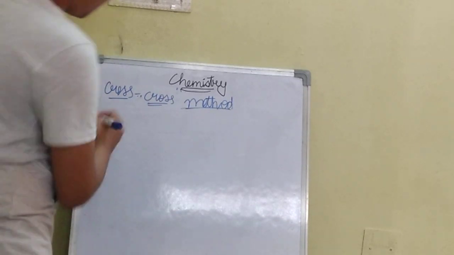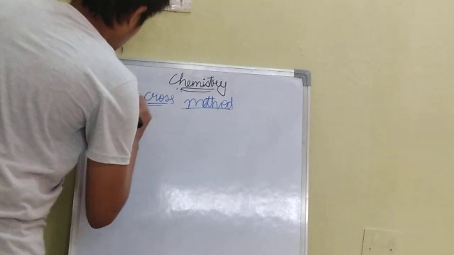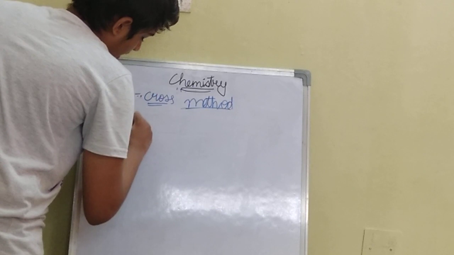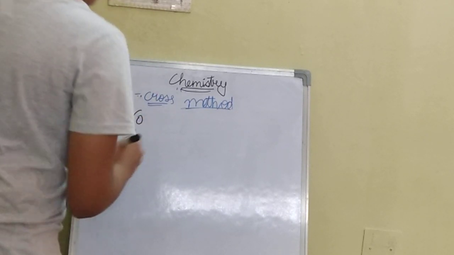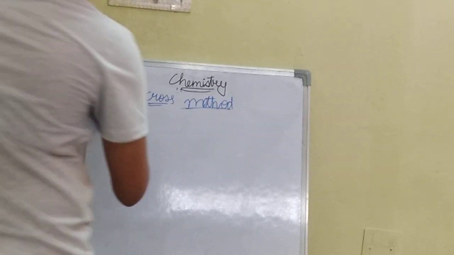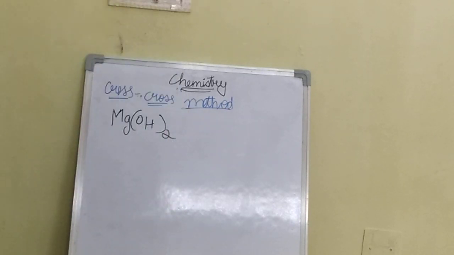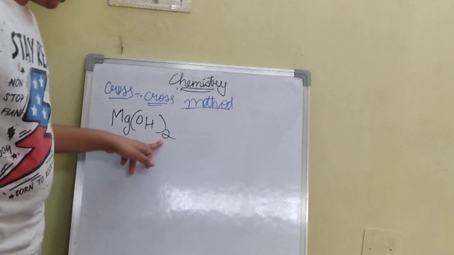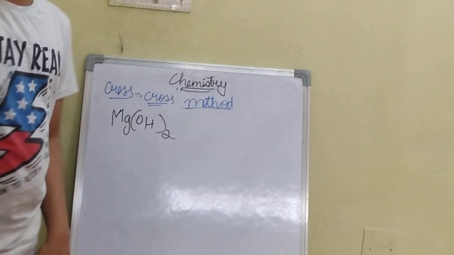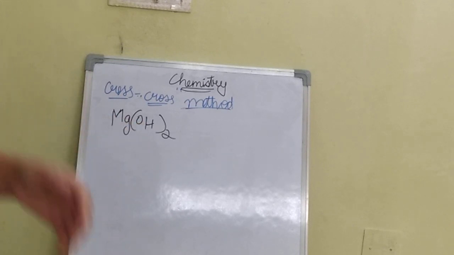It is represented with magnesium Mg, hydroxide OH2. This 2 is for oxygen and hydrogen.